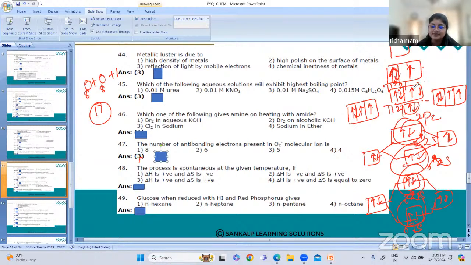For O2 minus, how much are you getting? Try.